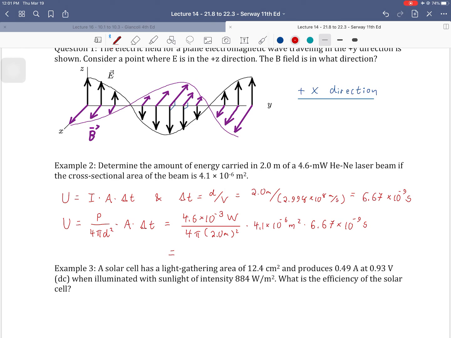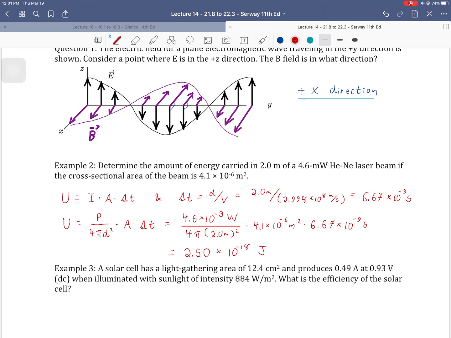Okay, so then we should get 2.50 times 10 to the negative 18 joules. Okay, so yep, because we have the weak laser, it's a very, very small amount of energy. So basically if we're thinking electron volts, it's a fraction of an electron volt, so right basically on that scale.